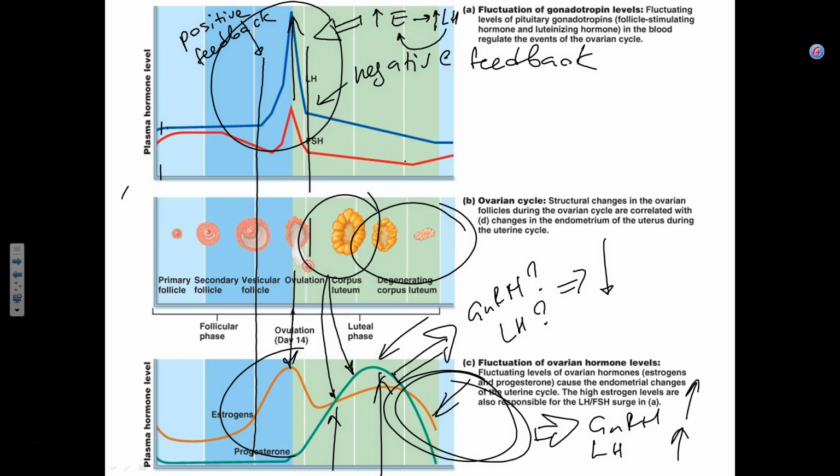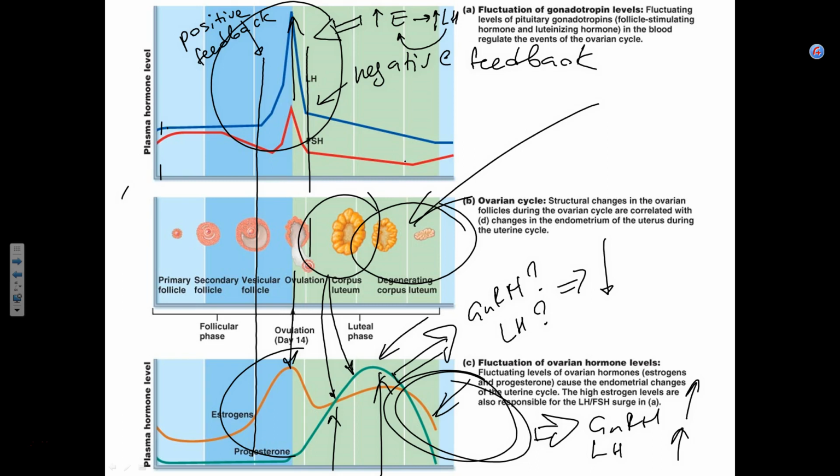Cycle starts over. Let me ask you this. What should happen or not happen so corpus luteum would degenerate? What should happen or not happen? No fertilization.